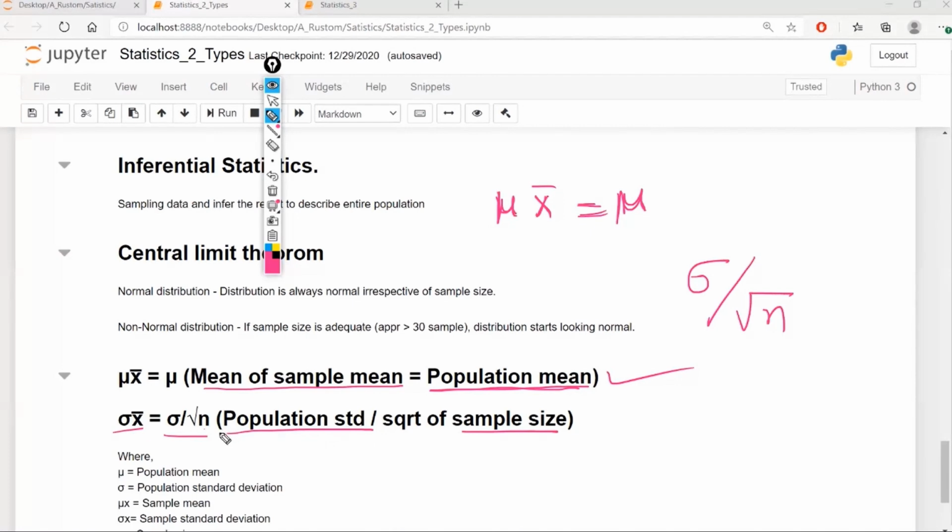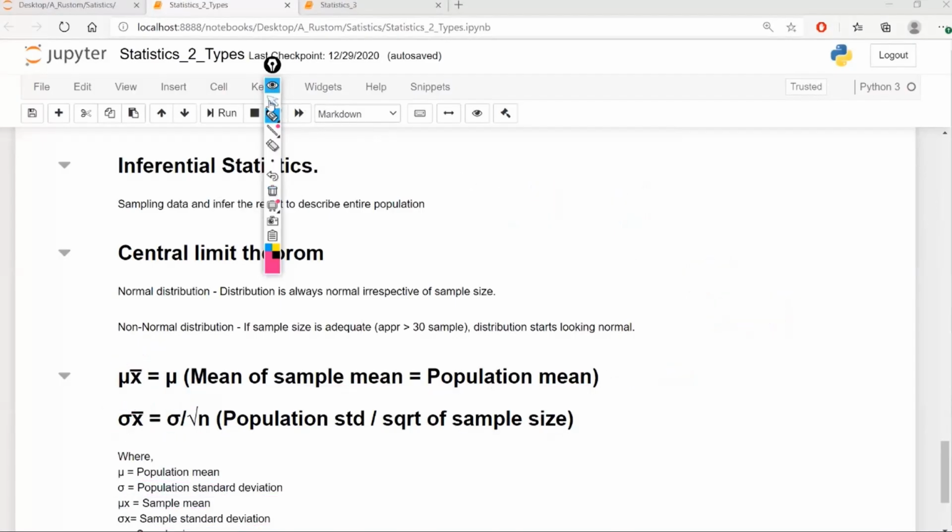If I apply this formula, I will get the standard deviation of the sample. As you can see here, mu is the population mean, sigma is the population standard deviation, mu x is the sample mean, sigma x is the sample standard deviation, and n is the sample size. So that's how you can interpret this formula.